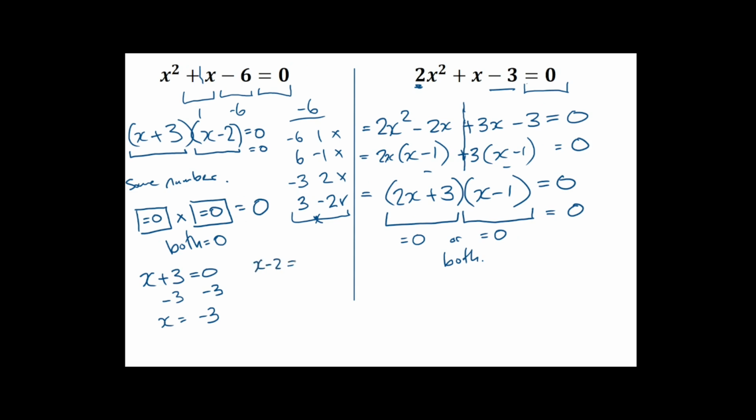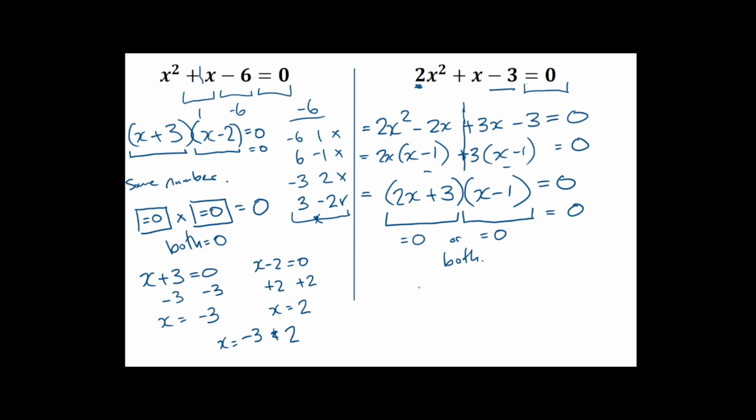And then I'm going to do it again for the second bracket. X minus 2 equals 0. I'm going to add 2 to both sides. So x is equal to 2. So there are two answers there. And we could say x equals -3 and 2. I'm just going to leave that there for now.